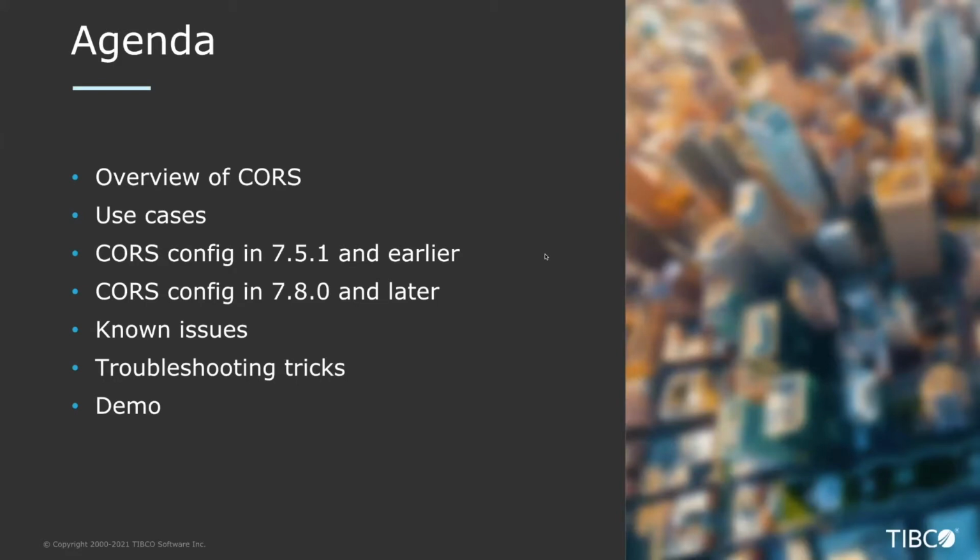Then we'll dive into the specific configuration for JasperReports Server 7.5.1 and earlier versions, and then with more focus on 7.8.0 and later versions, and 7.9 in particular, which I'm going to use for the demo, which obviously has a different and much easier configuration. Then we'll talk about some known issues and typical situations that you might encounter, and also some troubleshooting tricks. And then we'll dive straight into the demo.